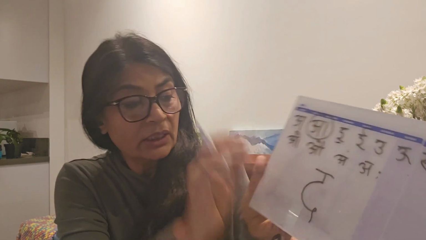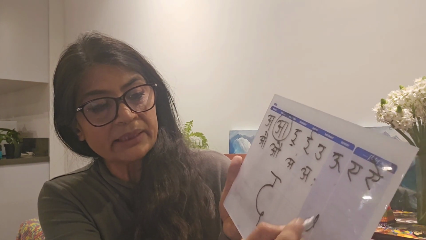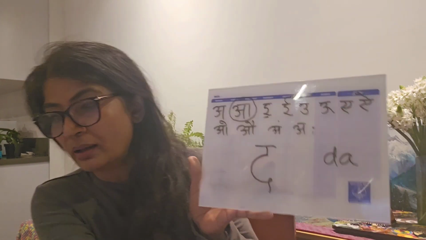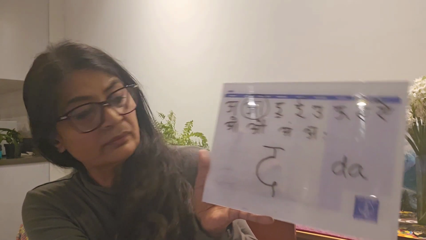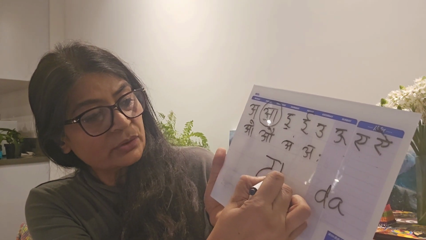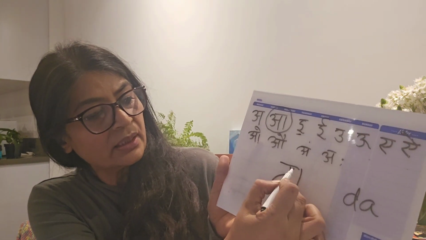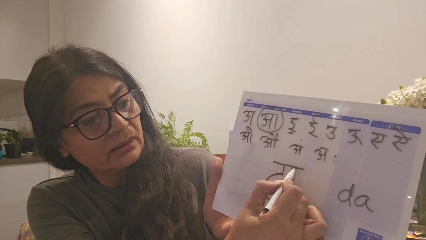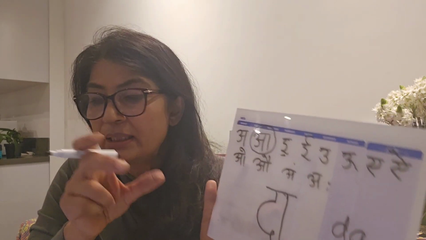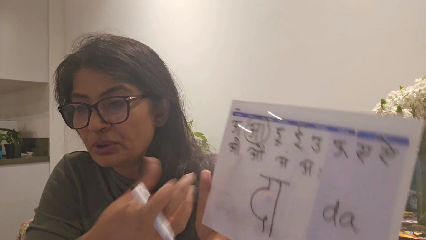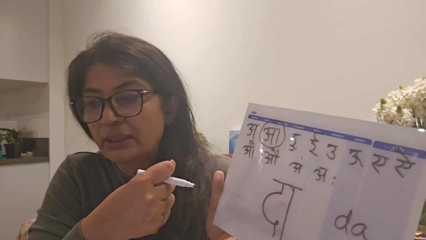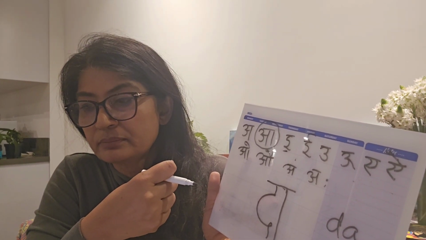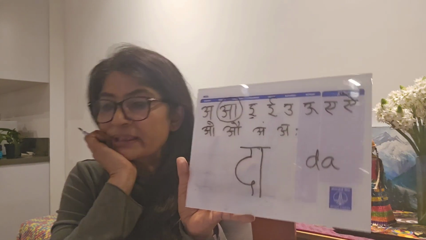Now I want to say Da with the long vowel. All I have to do is extend the line. Remember, unless I put a line and put the things together, it doesn't become one letter, one word.